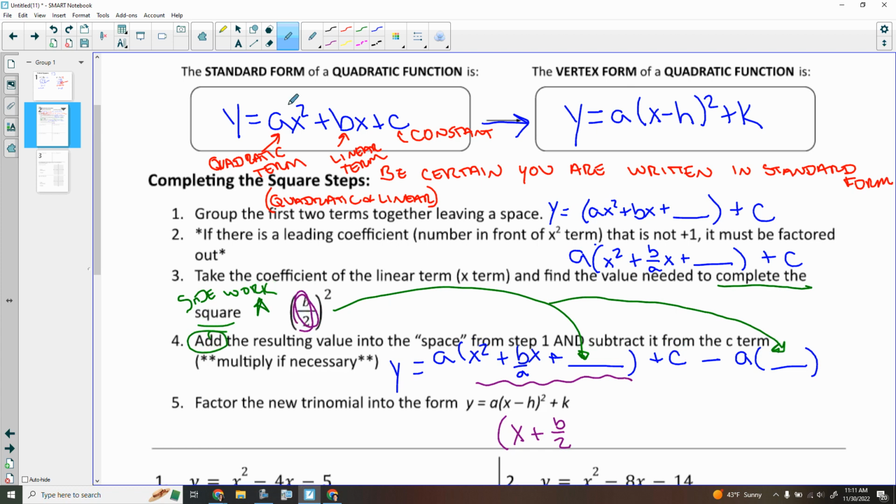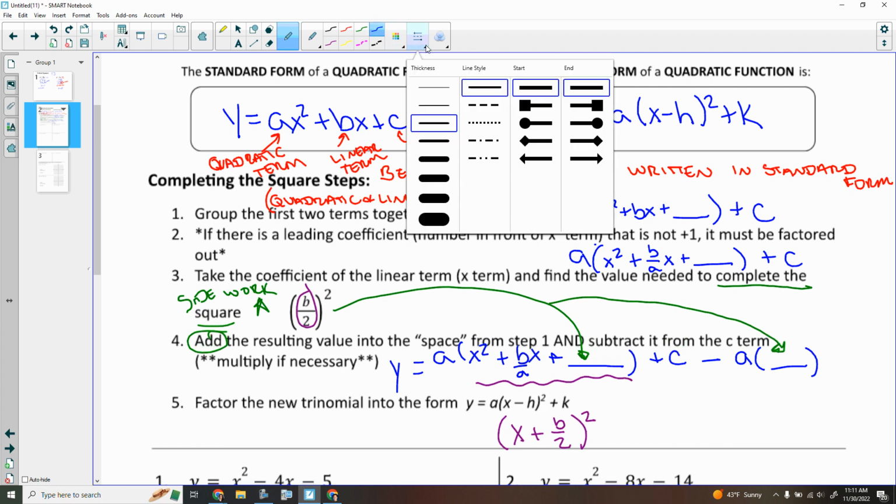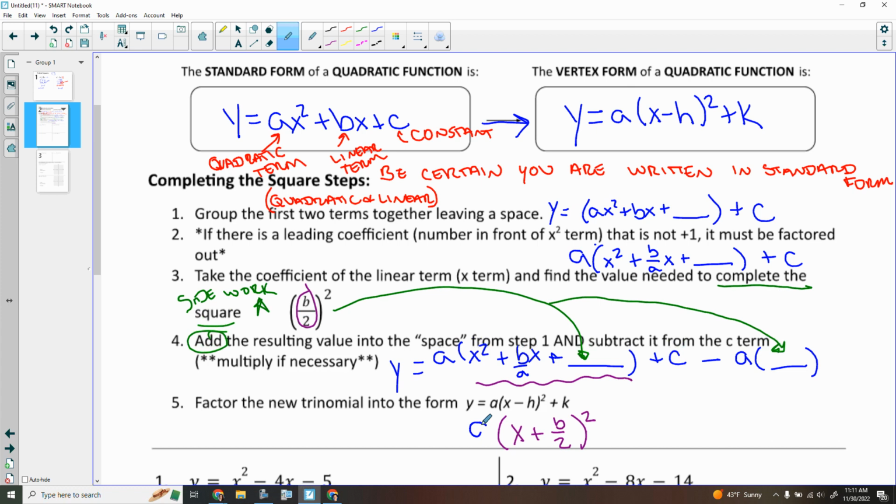Whatever we got when we did b divided by 2, that value is going to go in here, same sign, and then we square it, okay? And then the other end parts will still come down. So I'll still have a in the front, and then I'll have whatever this value becomes at the end. So plus, and then we'll just call that our k. And so that's how it's going to be converted into its vertex form.